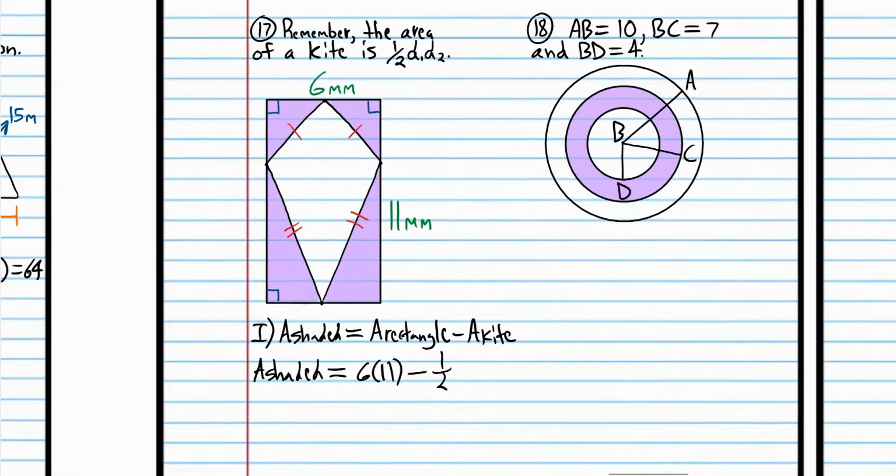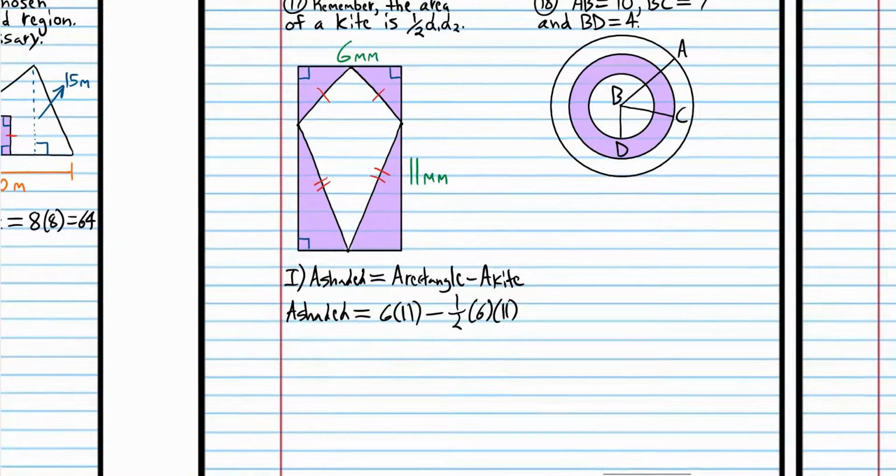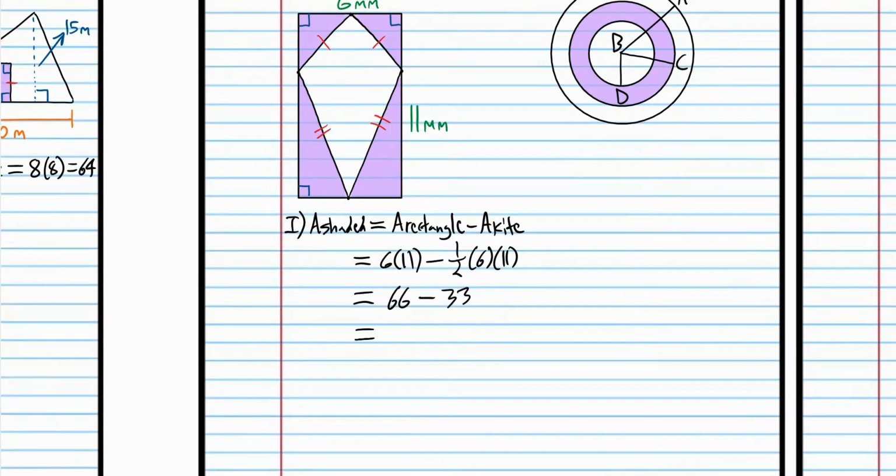So the diagonal, this length, is the same as 6 millimeters. So it would just be 6, and this diagonal length would be the same as 11 millimeters. So that was kind of the trick on that problem. And so we get 66 minus 33, and we end up with 33.